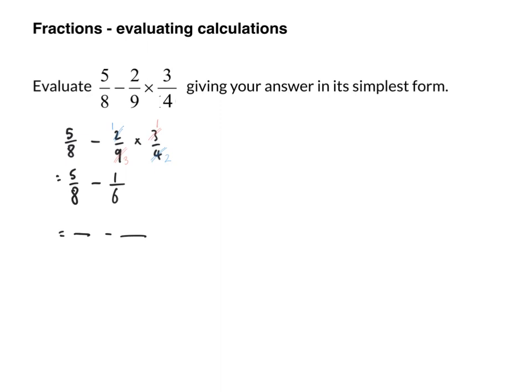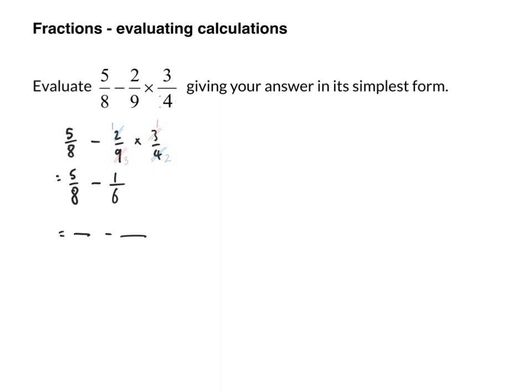I need to change them into a number that has a factor of 8, i.e. it's in the 8 times table, and as a factor of 6, it's in the 6 times table. You could aim for 8 times 6, which is 48.